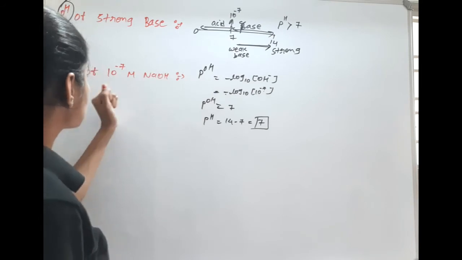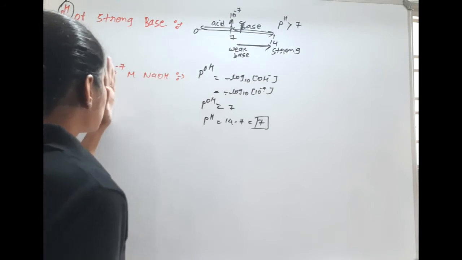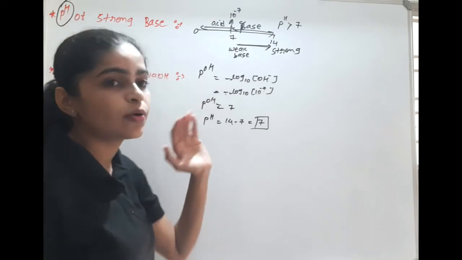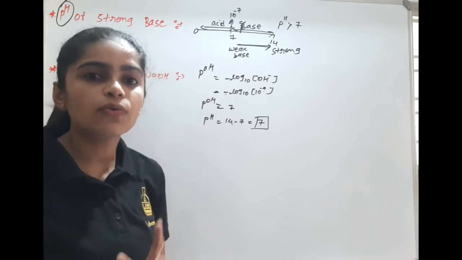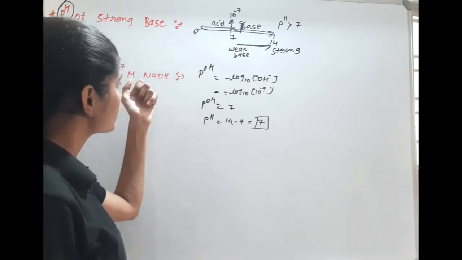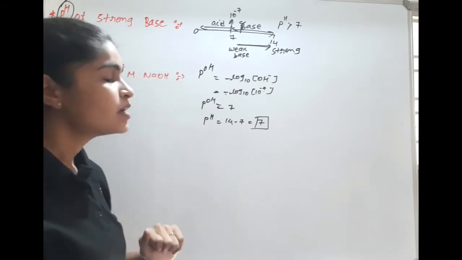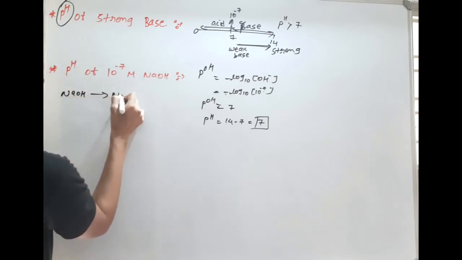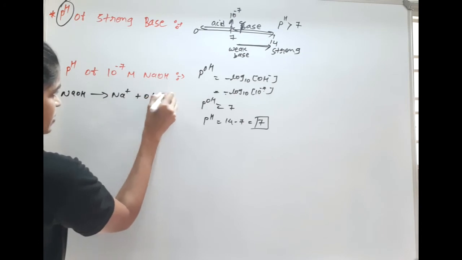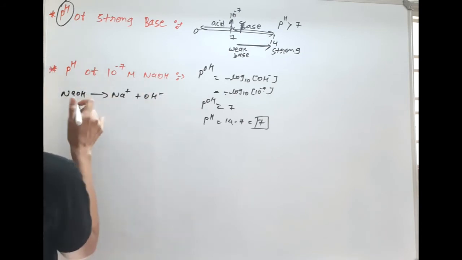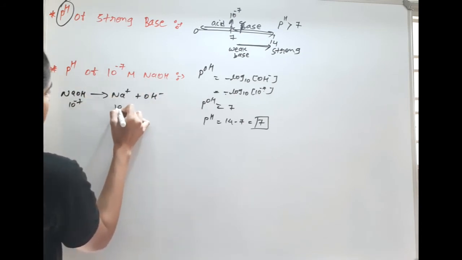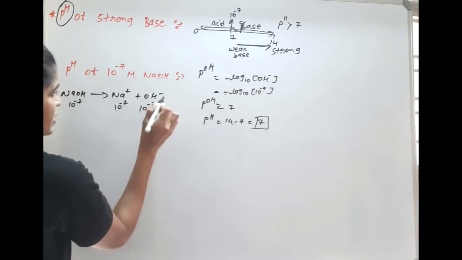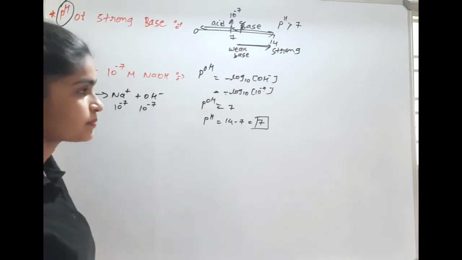But in this case, it says the pH of 10 raised to minus 7 molar NaOH is present. How to find out the pH of this 10 raised to minus 7 molar NaOH? So first NaOH dissociates into Na+ and OH-. 10 raised to minus 7 molar, same as 10 raised to minus 7 and 10 raised to minus 7 molar.